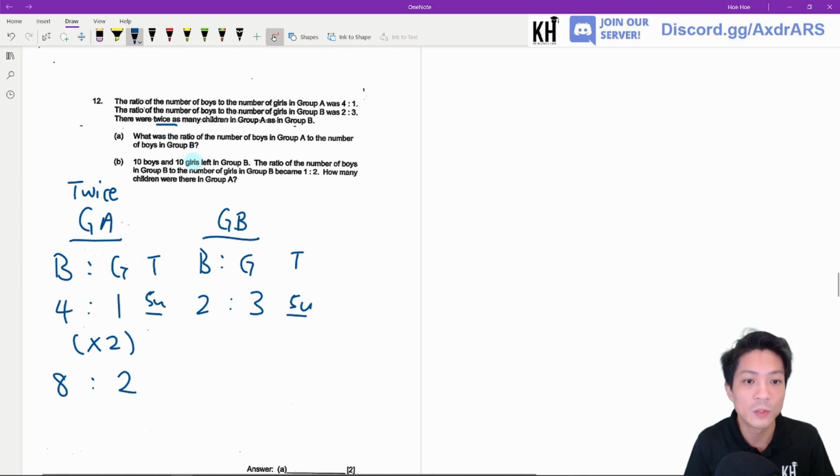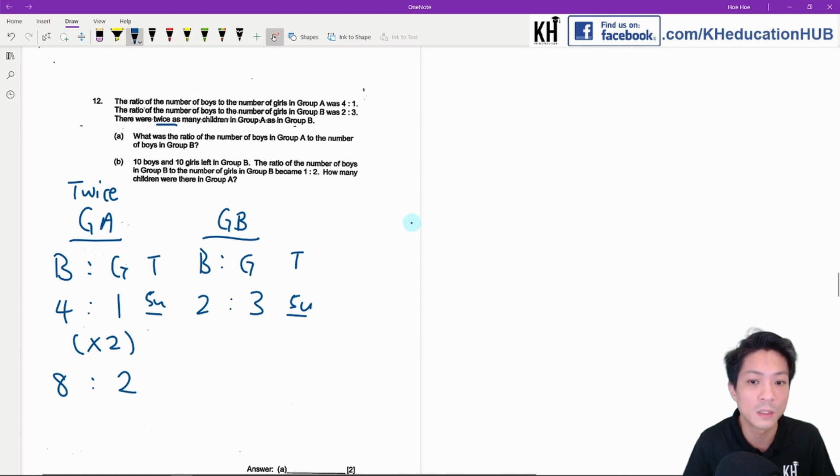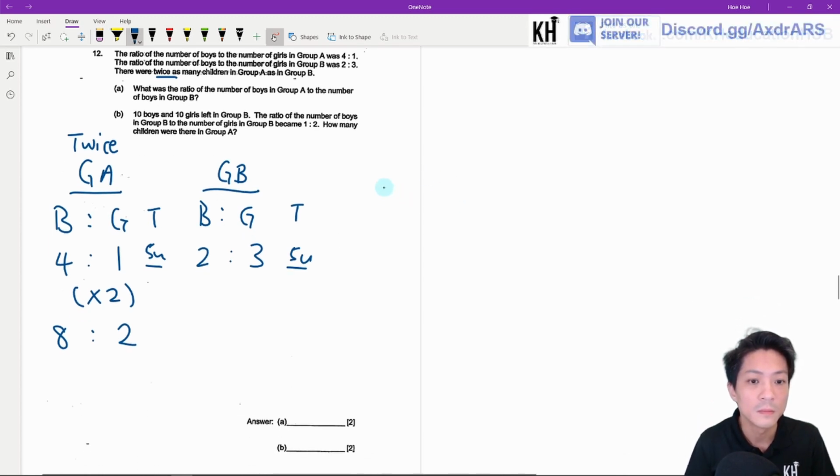So what's the ratio of the number of boys in group A to the number of boys in group B? That will be 8:2. Let me write down the boys in A is to the boys in B. 8:2, simplest form is 4:1.